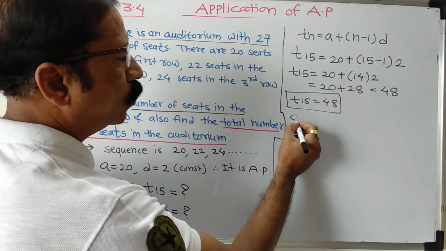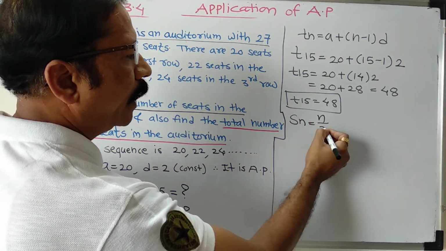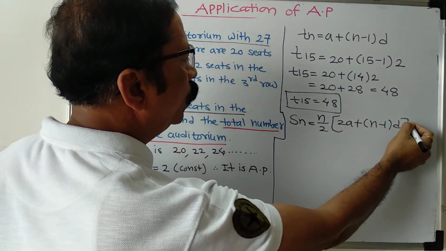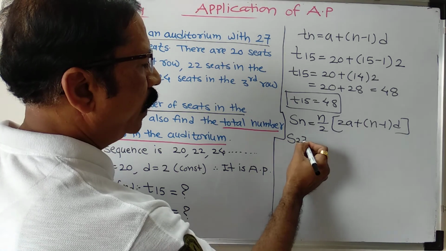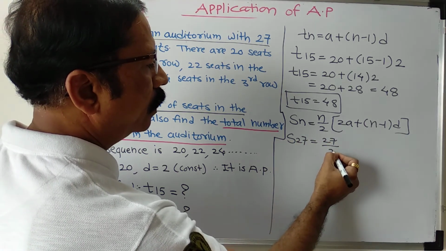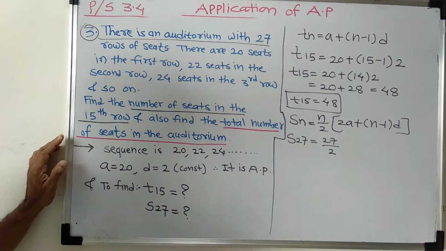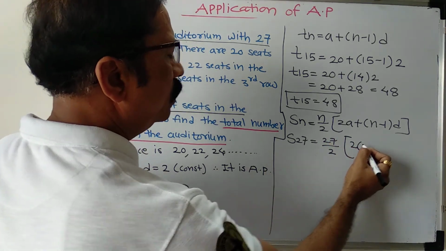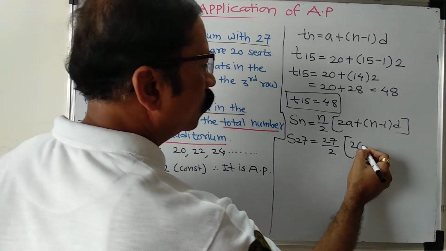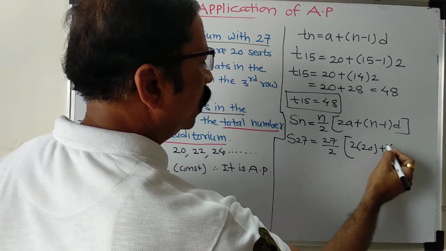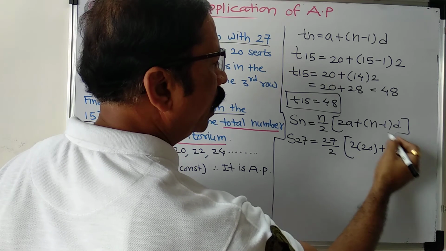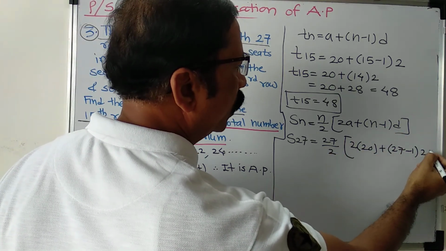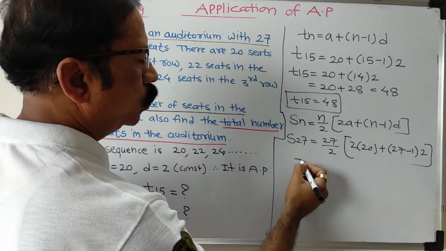So we will again use the formula of Sn: n by 2 into bracket 2a plus n minus 1 into d. So find S27. Put n is equal to 27. In the bracket, 2 into a, the value of a is 20, plus n minus 1, take here n means 27, minus 1, into common difference 2.